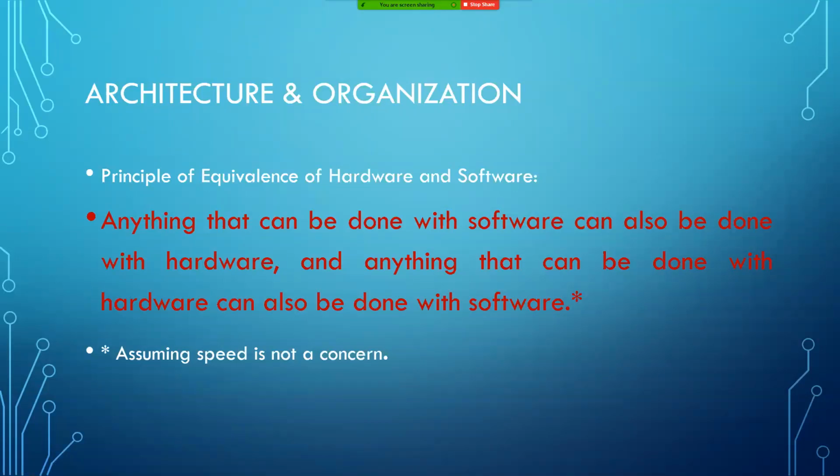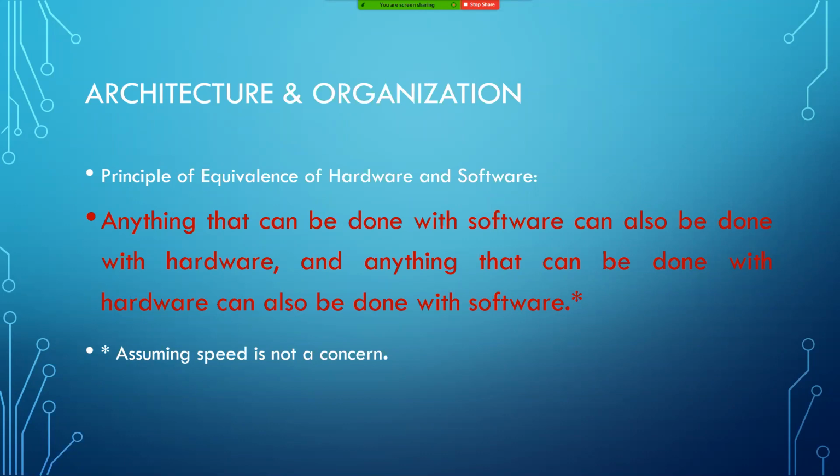Software is just instructions, so you can write the instructions into a system, but at the bottom end, there must be some hardware to implement those instructions from the software. So we are not considering the bottom level where there must be some hardware. We are thinking about a slightly upper level where software gives some instruction to the hardware so that it can do it, and we can also give the same instruction by the hardware so that it can be done by the hardware.